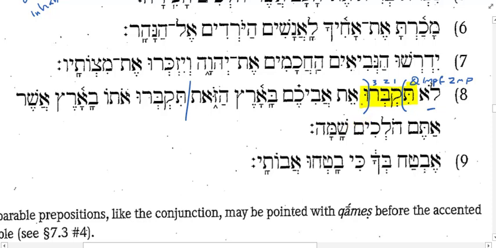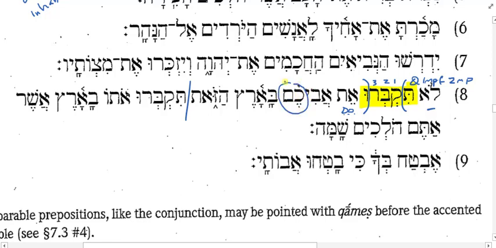Et avichem. The et is probably a direct object marker because burying is a verb that needs a direct object. It's transitive. So y'all will bury something or someone. What is avichem? I've got a pronoun suffix at the end of this word.